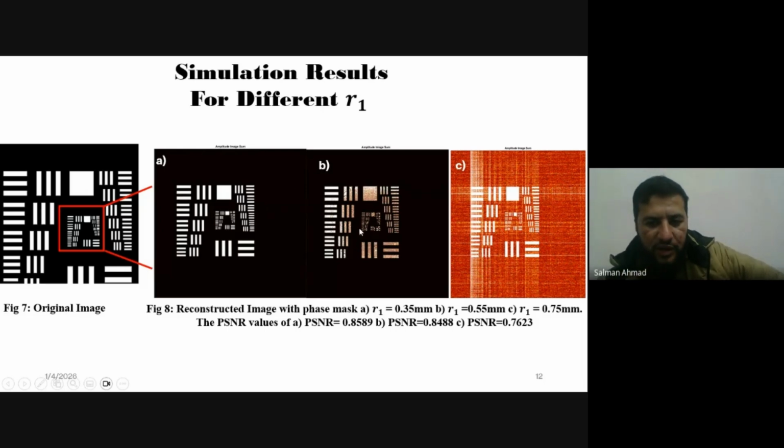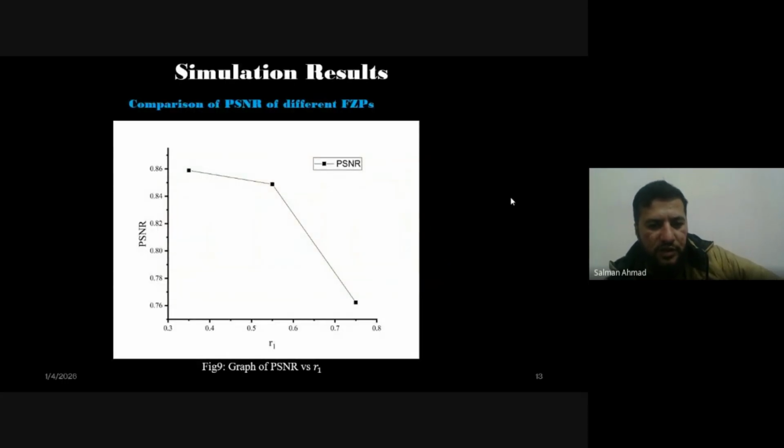While increasing the radius to 0.55 millimeter, it becomes this, and at 0.75 millimeter the image becomes clearer. Here is the graph of the peak signal to noise ratio versus R1.